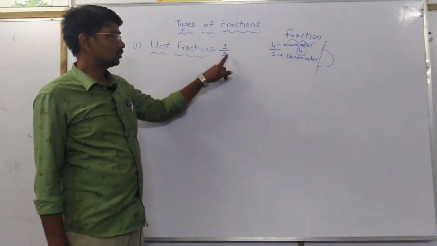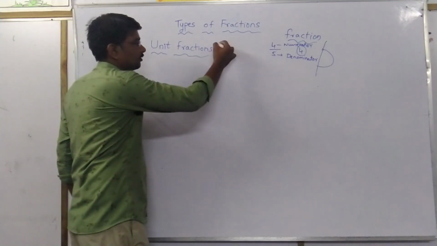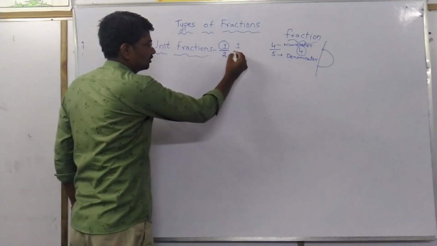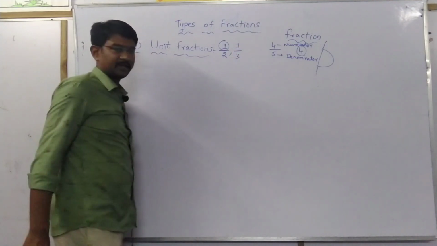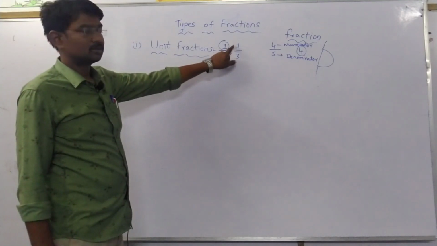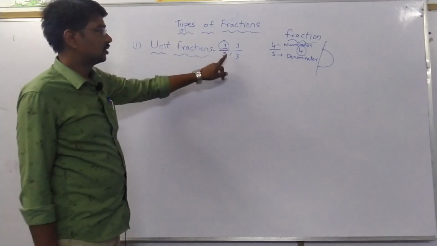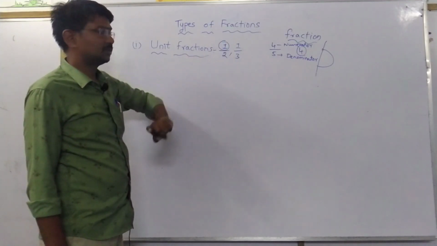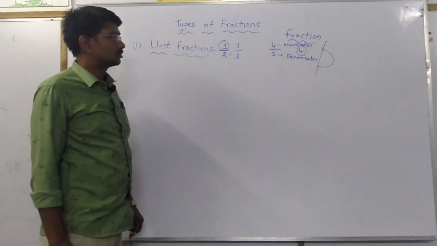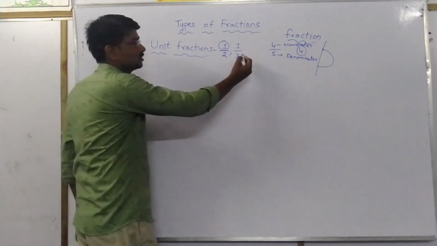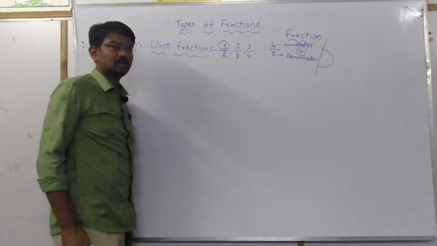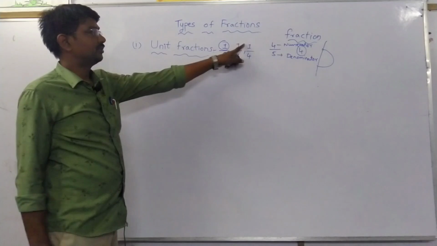What is an example of a unit fraction? 1 by 2. Numerator is 1. Next example, 1 by 3. Numerator is important here. If the numerator is 1 in any fraction, that fraction is called a unit fraction. Next example, 1 by 4, also a unit fraction.